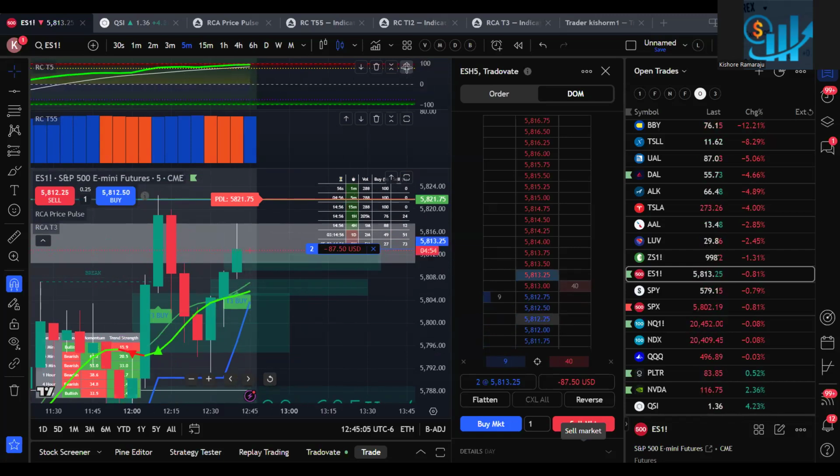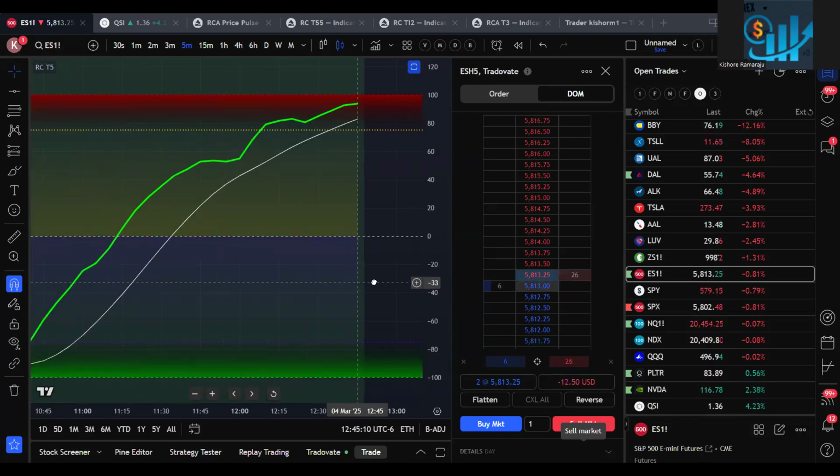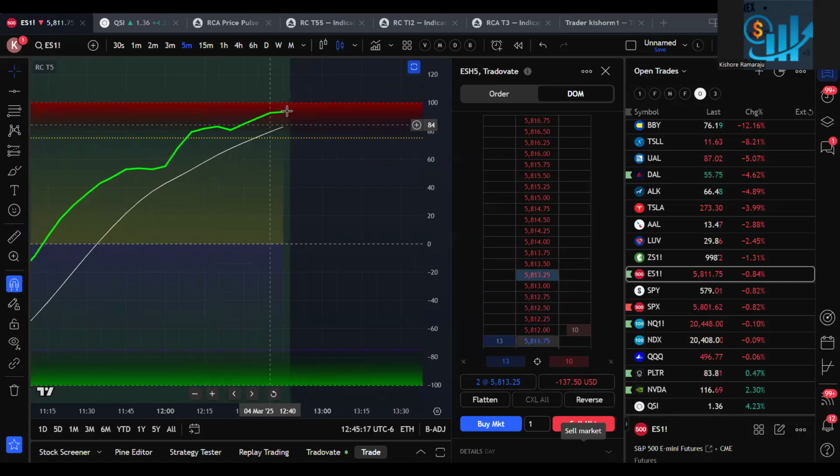It is trying to do the double bottom or double top. It started all the way from the bottom, started moving up. In the next few minutes, again it will start.